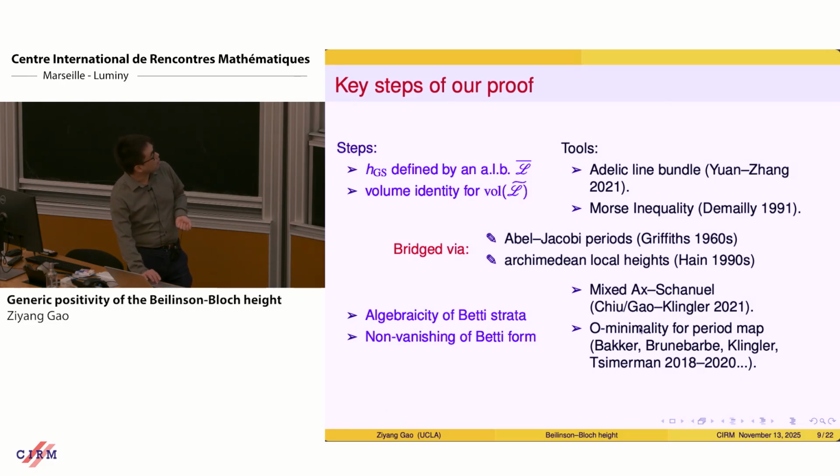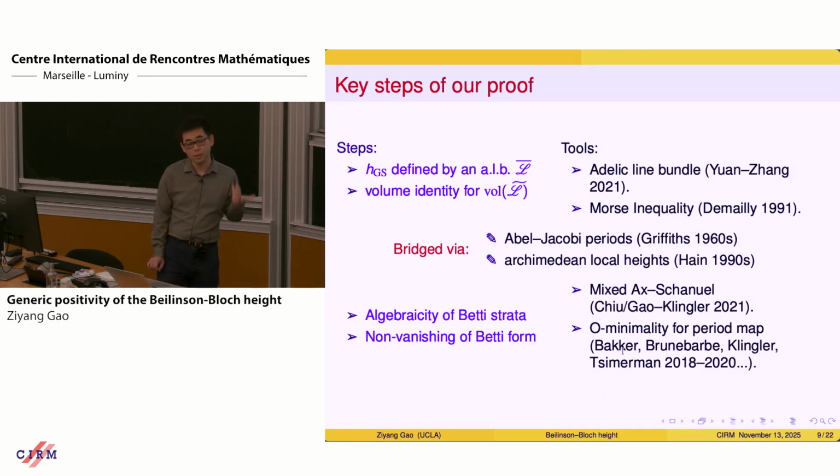And on the Diophantine side, we study the Betti map, Betti form, Betti strata in this new situation, and we use some functional transcendence results, and compared to, like, uniform Mordell-Lang, a new input is o-minimality for the period map in this case.